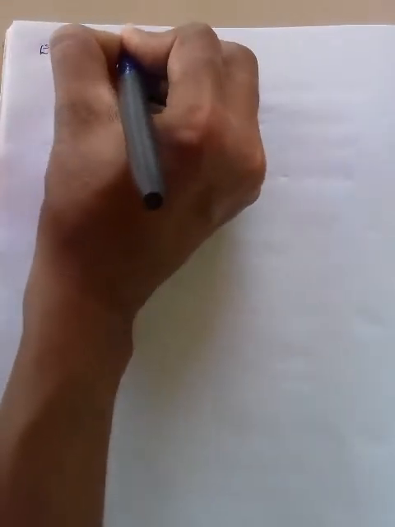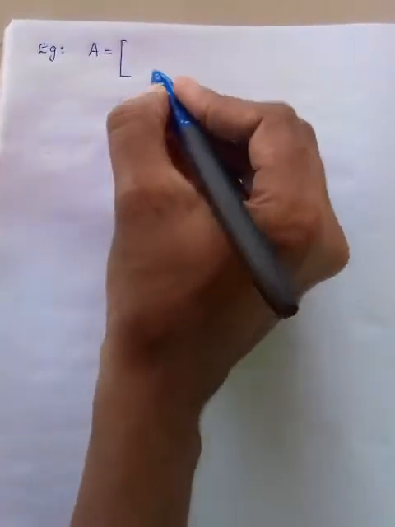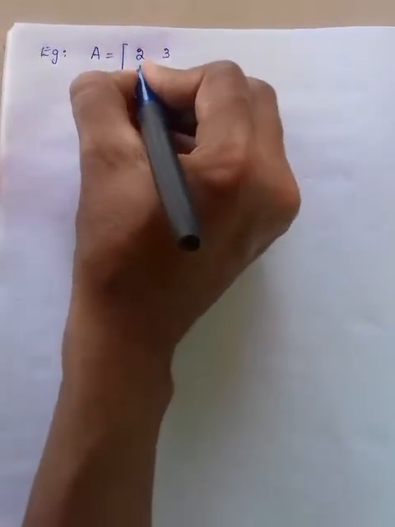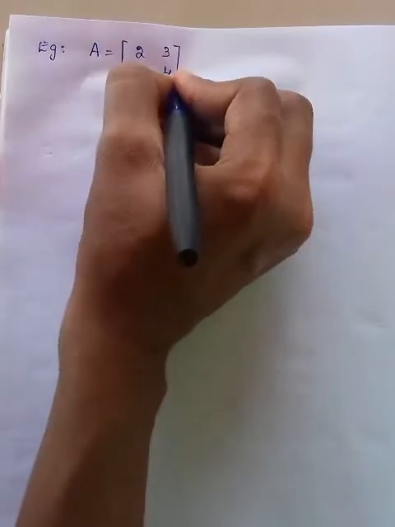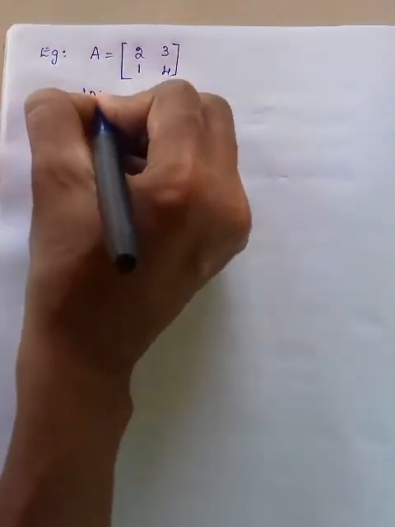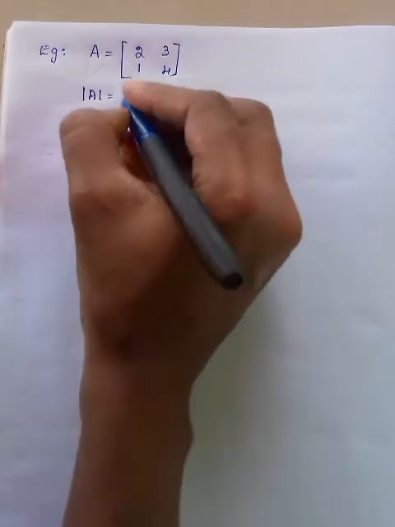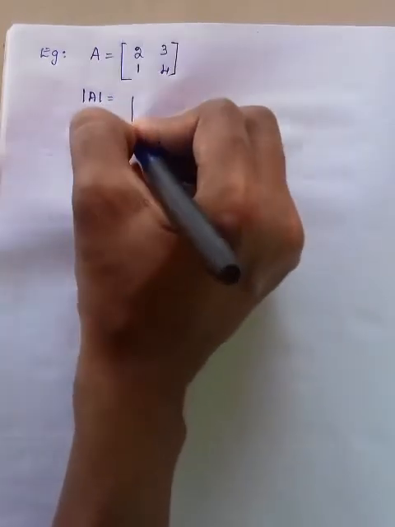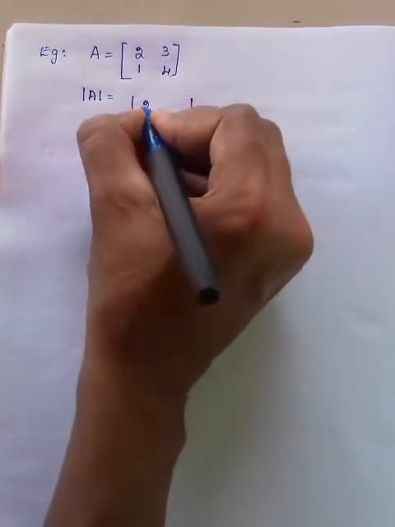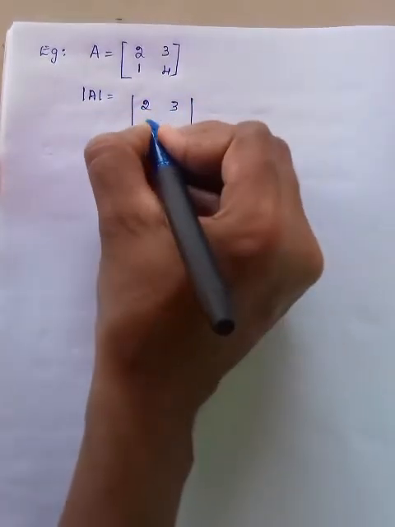For example, matrix A is equal to 2, 3, 1, 4. Now, what is determinant of A? Here, replace this square bracket by vertical line, that is a determinant. 2, 3, 1, 4.